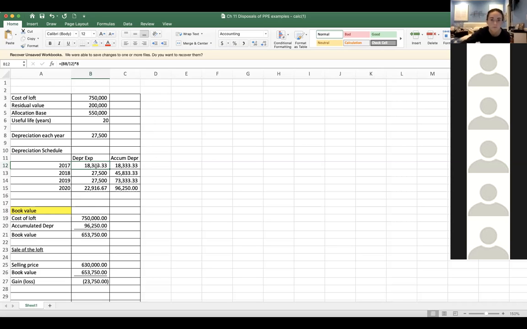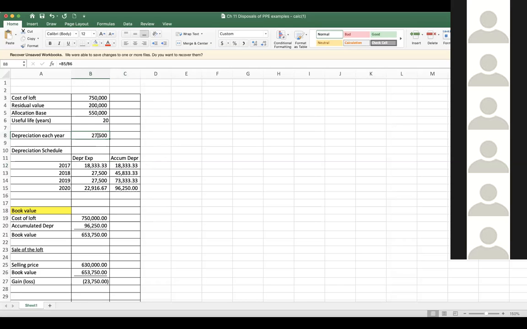Remember, in the year of acquisition and in the year of disposition, you're going to have partial year depreciation. So how many months of depreciation did we have in 2017? 8 months. Right, because if I purchased it May 1st, then I had it May, June, July, August, September, October, November, December.